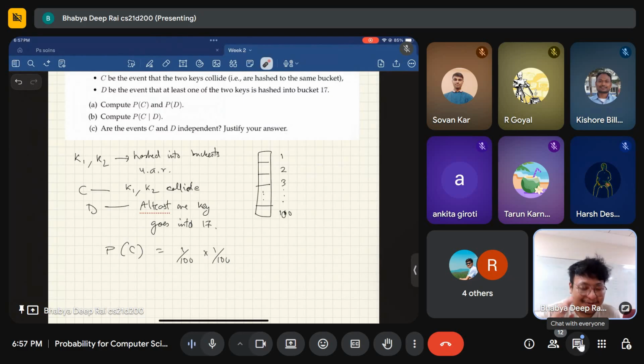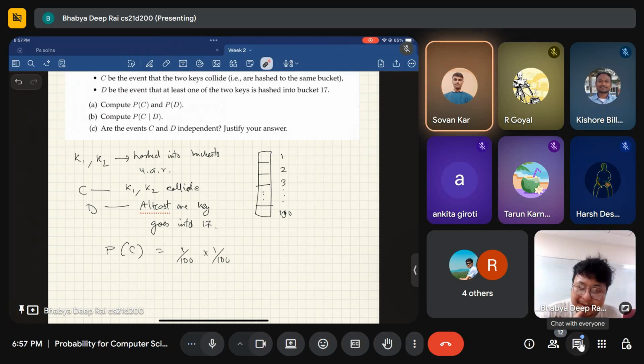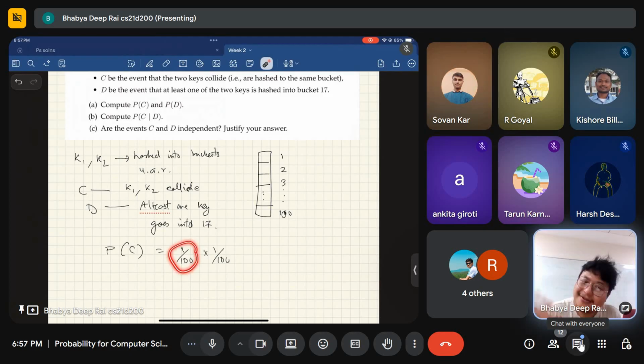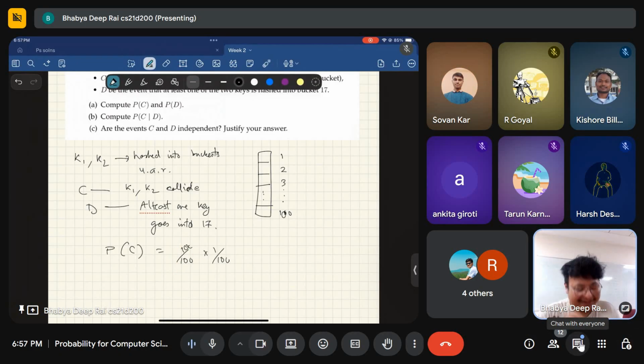So when you say the first 1 by 100, what is this probability for? Taking any bucket by key 1. But it could go into any bucket, it has no restriction. So this probability should be something like 100 by 100.